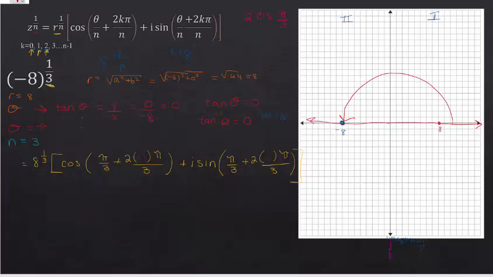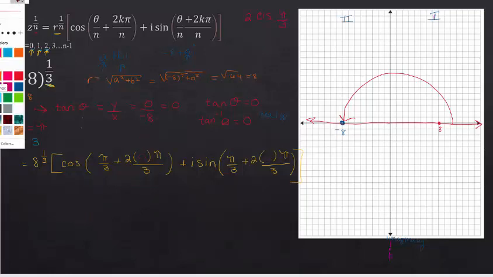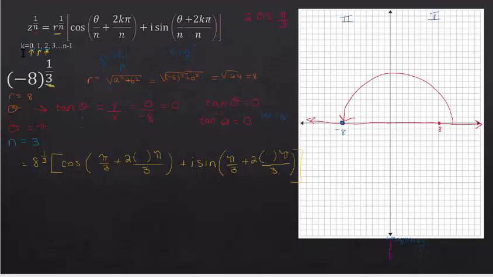All right, now let's do it for our next value of k. So our next value of k is 1. So we'll put 1 in for our k values. Again, the cube root of 8 is 2. And we have cosine of pi over 3 plus, and now this is going to be 2 pi over 3, and then plus i times the sine of pi over 3 plus 2 pi over 3.